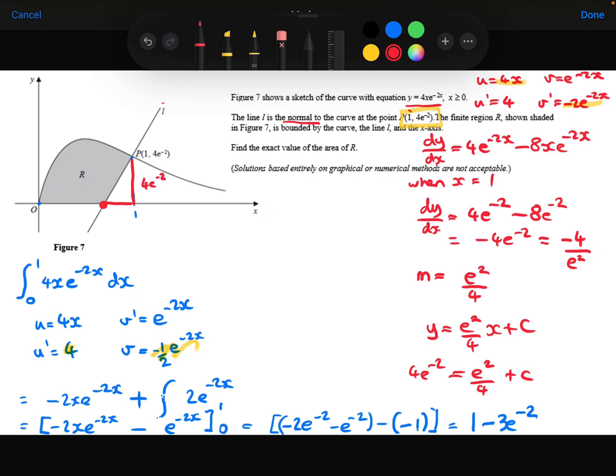If I solve this equation then, so if I times through by 4, and I'll subtract the e squared from both sides.